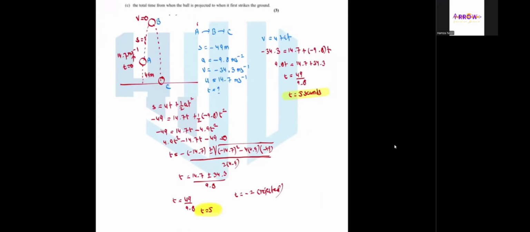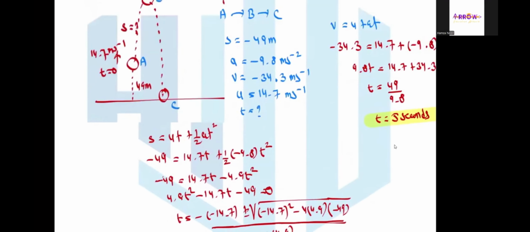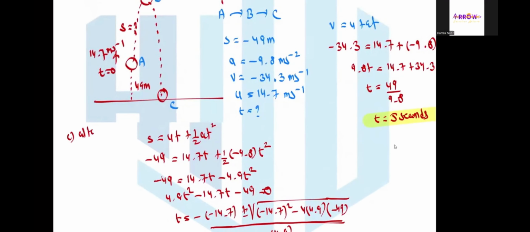But the earlier approach was much quicker, much more effective. So I've used the first method, but I have also explained this alternative approach. So this was basically an alternative approach for part C.